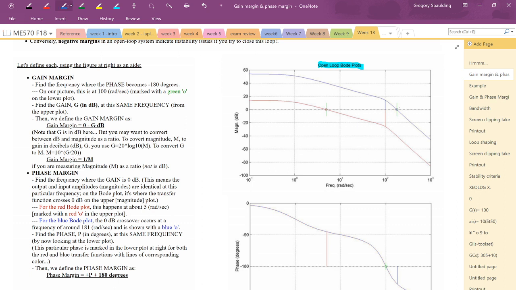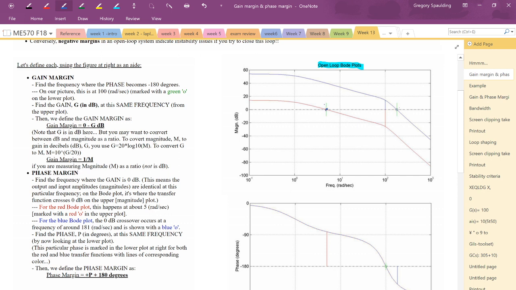Physically, they come from a couple of points on here. To get the phase margin, we're going to look at this point in here. I'm going to be working with the red first, the red line. These are actually two different magnitude plots.